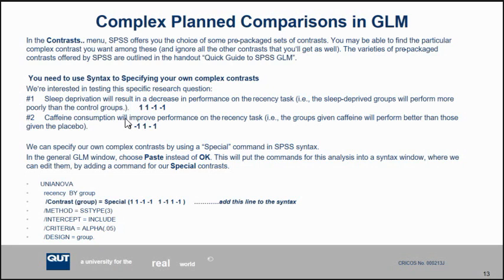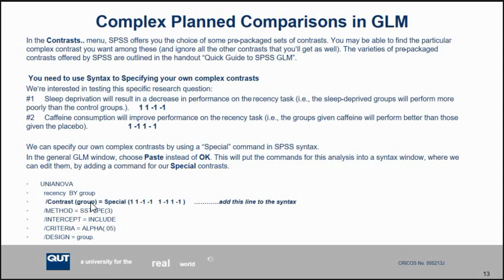We already worked out the weights we needed for our two complex contrasts, to look at the difference between those exposed to sleep deprivation and those not, and those who received caffeine and those who received the placebo. When we're running our ANOVA in GLM, we click on Paste and that will take us into the syntax menu, and then we simply add this line here.